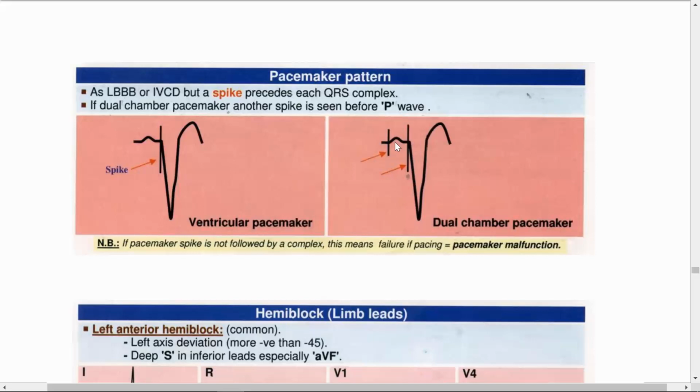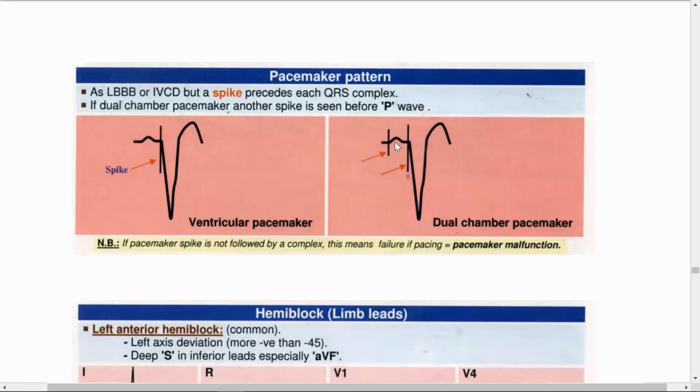If there is a problem in the finances, maybe go for VVIR. R is for the rate response. If there is no problem in the finances, it will be DDDR. Dual pacing, dual sensing, dual action, rate response.